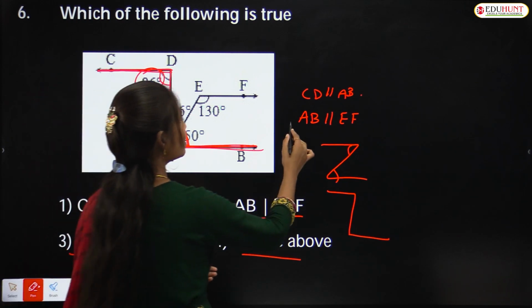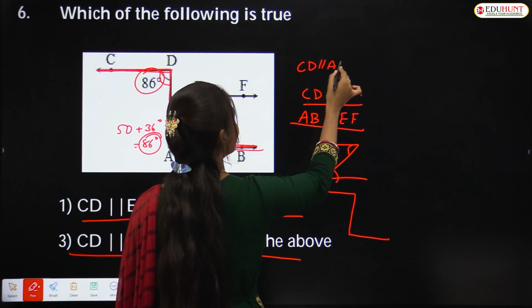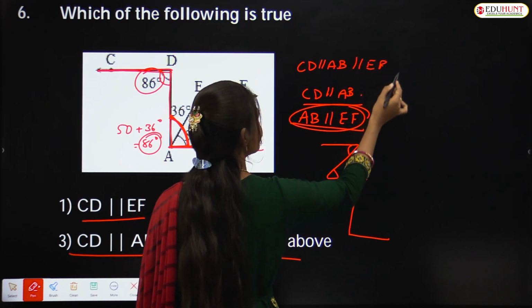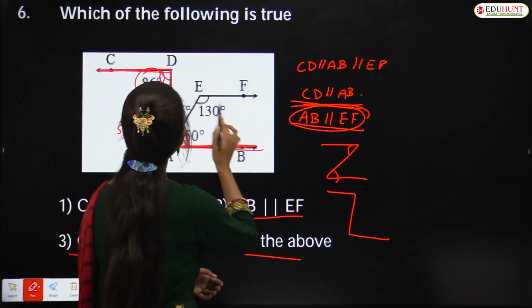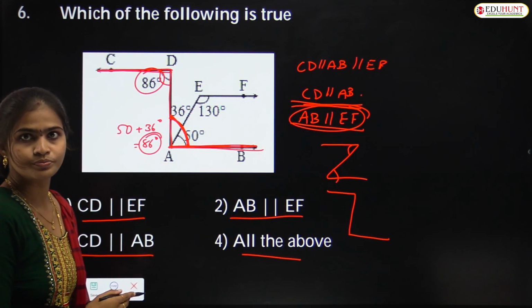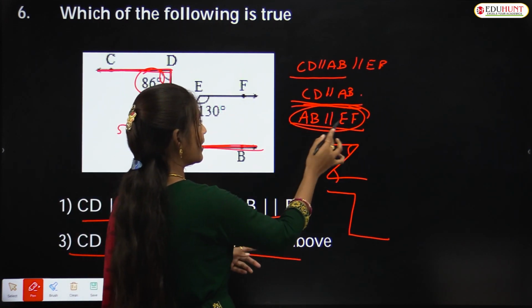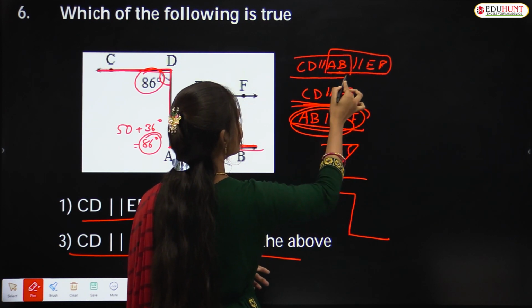When you observe these two conditions, CD is parallel to AB and AB is parallel to EF, no? We just proved that CD is parallel to AB, and according to the other condition AB is parallel to EF.